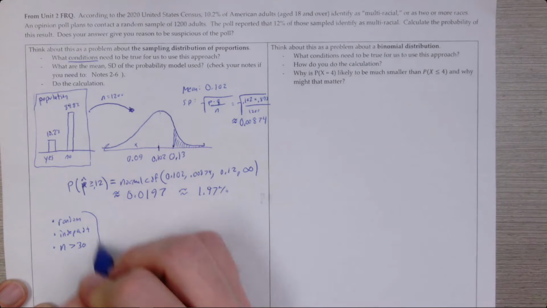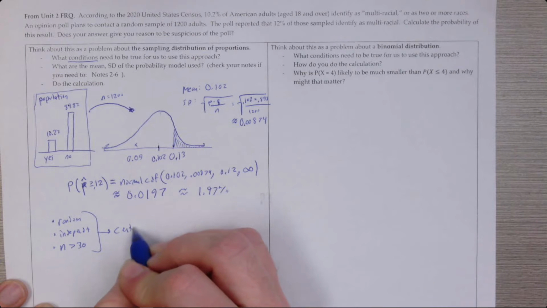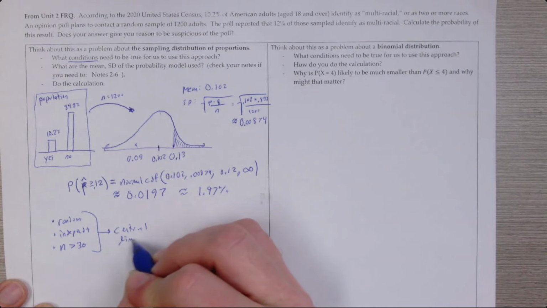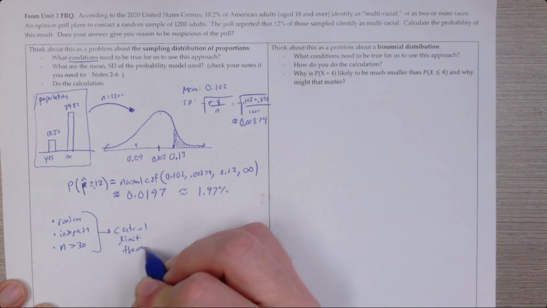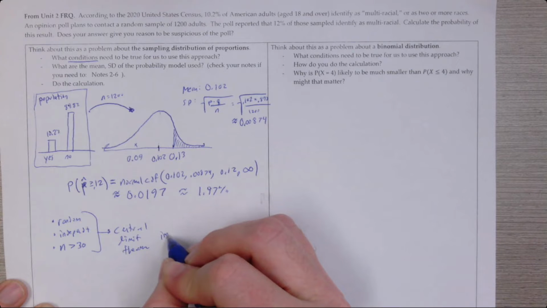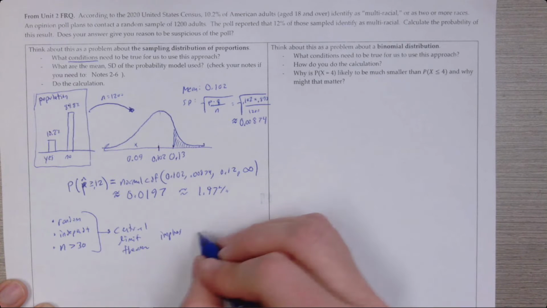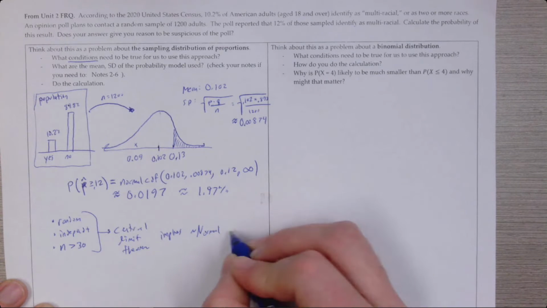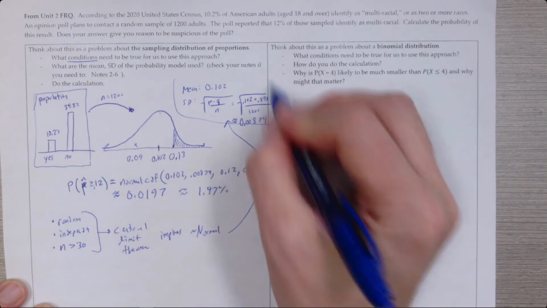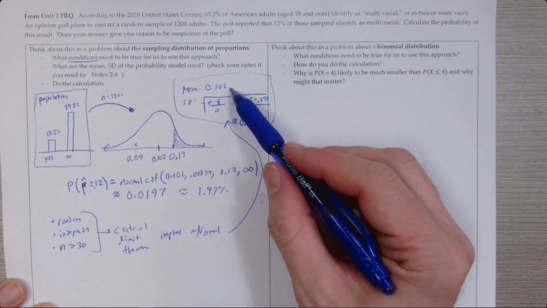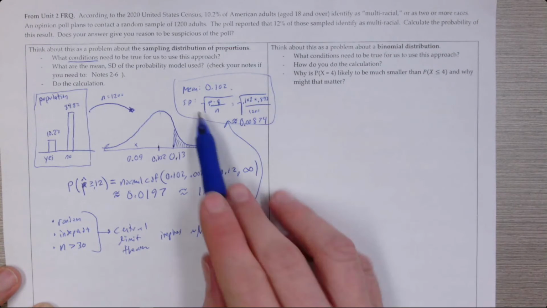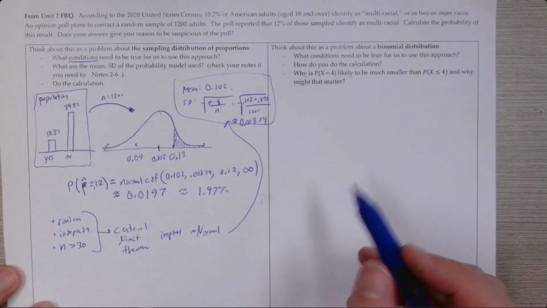Given those three, the central limit theorem implies that the sampling distribution is approximately normal with a mean that's the same as the population proportion and a standard deviation that's given by that equation.